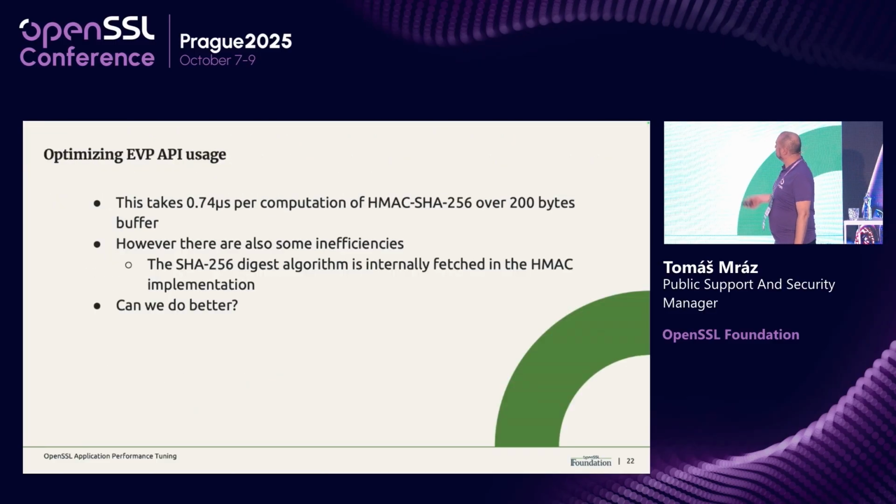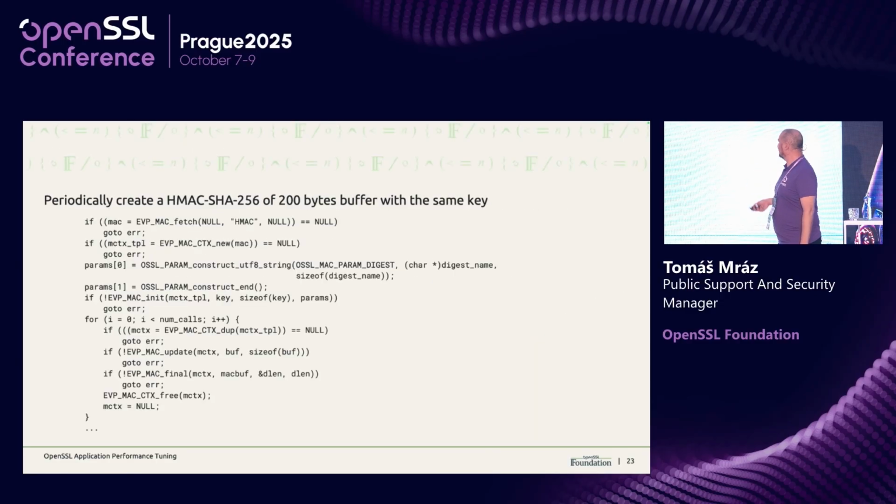This takes now 0.74 microseconds if I do HMAC SHA-256 over 200 bytes. But there are, of course, those inefficiencies I was talking about, that there is an internal fetch of the SHA-256 digest. So we might do a little bit better, and this code implements that. We could create a template context where we pre-init the key and the digest into the context.